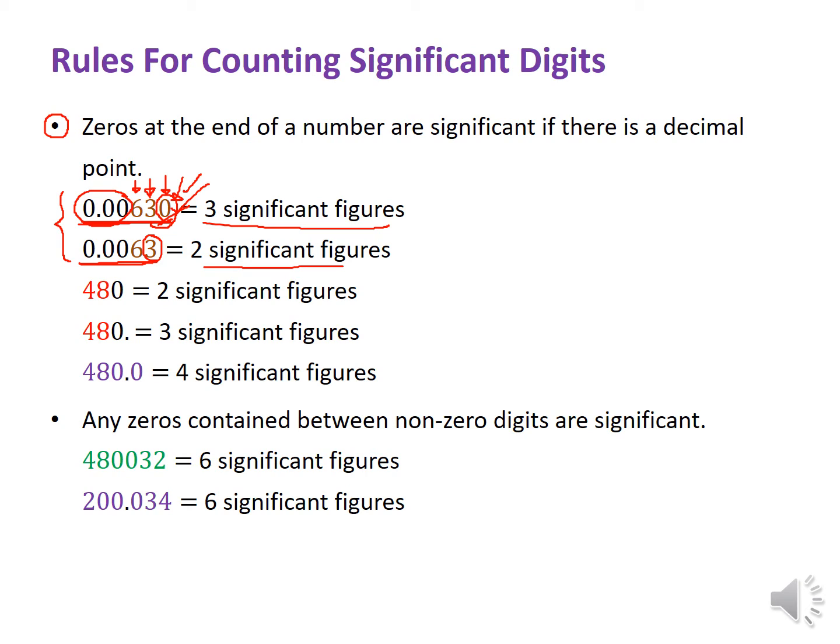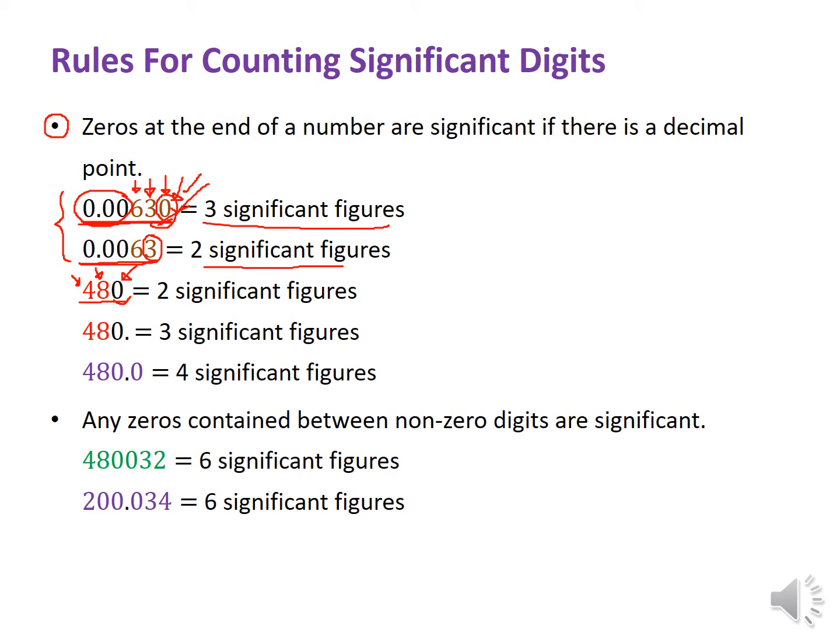In the next example, 480, the first significant digit is 4, the second significant digit is 8, and the trailing 0 is not significant here. Actually, we don't know anything sure about the unit digit here. That means we are not sure about the trailing 0.